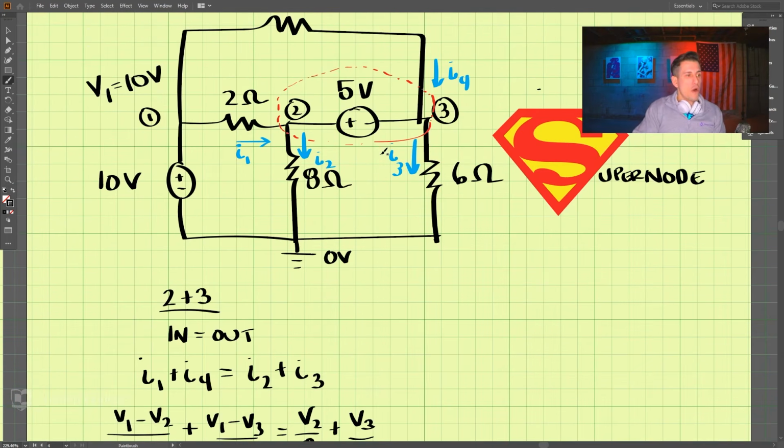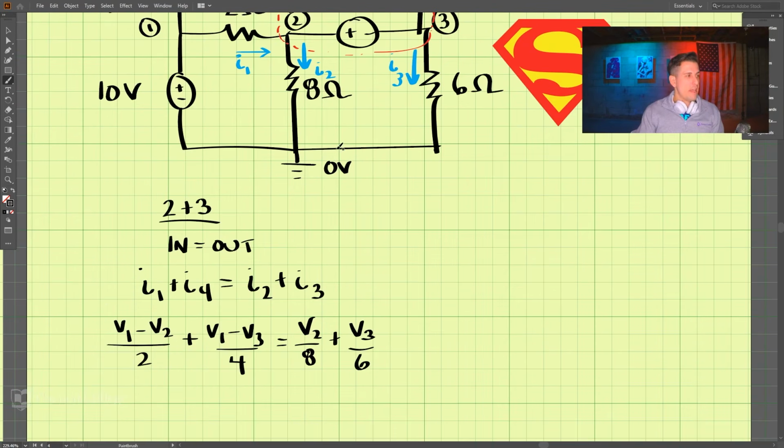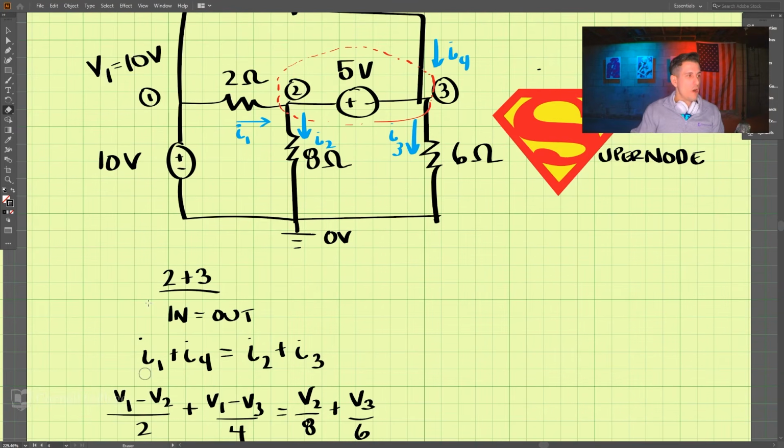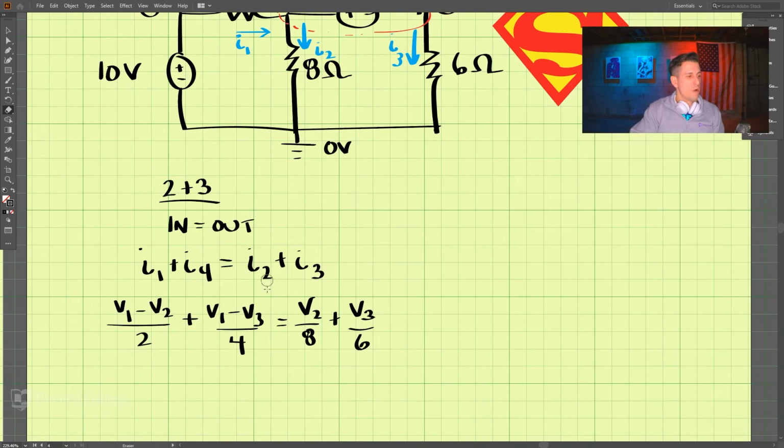Now we do know that V1 is 10, so we can change V1 to 10.